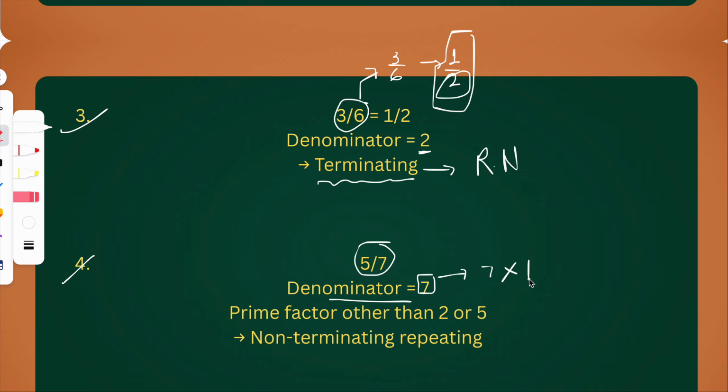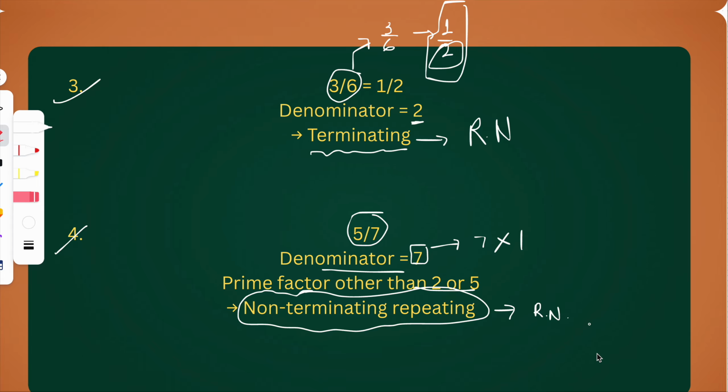So if the prime factors are other than 2 or 5, it is a non-terminating repeating decimal. Got it? And if the number is non-terminating repeating, it is basically a rational number. Got it? It is very easy. Please remember the key point which I have told you earlier.